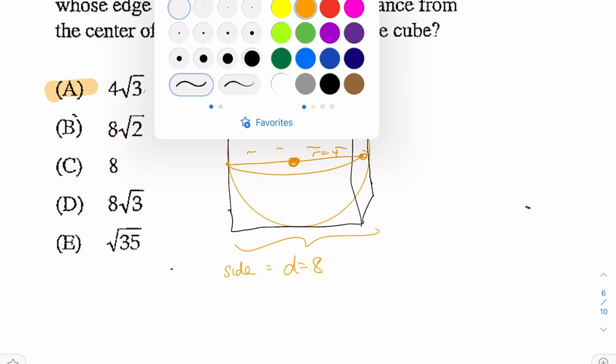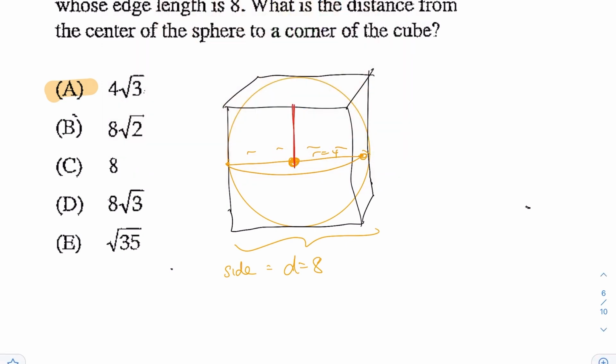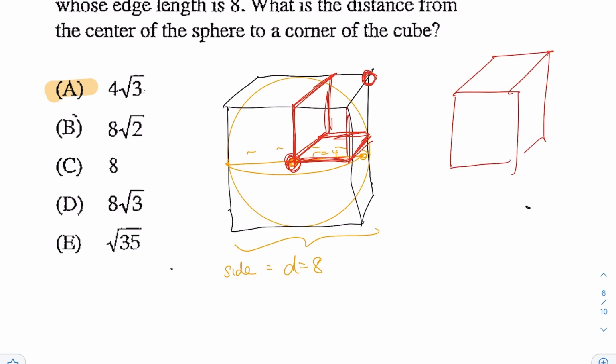So if you kind of break this down into a smaller cube, you can actually break this down into a smaller cube with a side length of 4. So what you're trying to find is the diagonal of the smaller cube with a side length of 4.